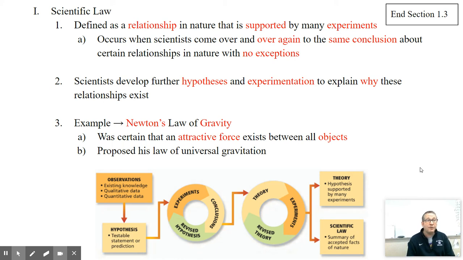For instance, Newton's law of gravity. It was certain that an attractive force existed between all objects, and he proposed his law of universal gravitation, and he found out after a while that yes, all objects have some sort of attractive force between them. In fact, whatever device you're using to watch this video, you and that device have an attraction between each other.